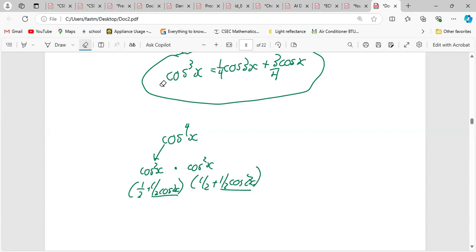Because you have to expand these brackets. Some of them will be a half cos 2x, all good and well. But everybody can clearly see that you're going to end up with this being multiplied by this again. So that is too much.